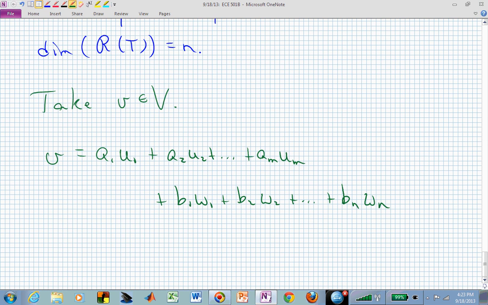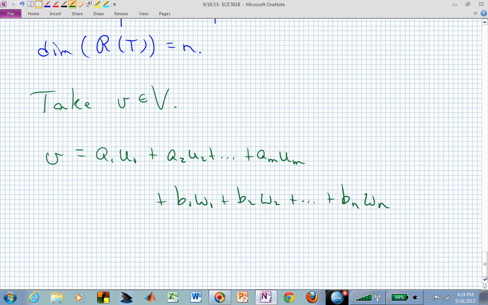Because the u's and the w's were our basis for our domain, capital V. That was our domain space, and we built up from the null space basis, adding vectors w1 through wn to complete the basis.